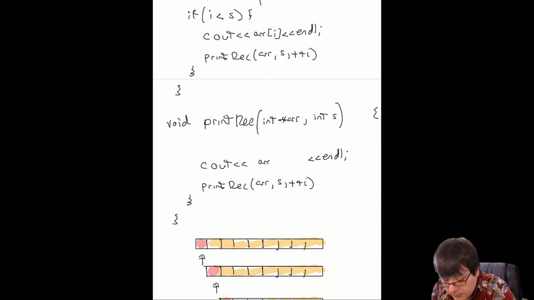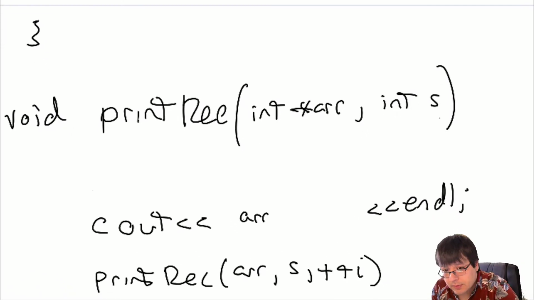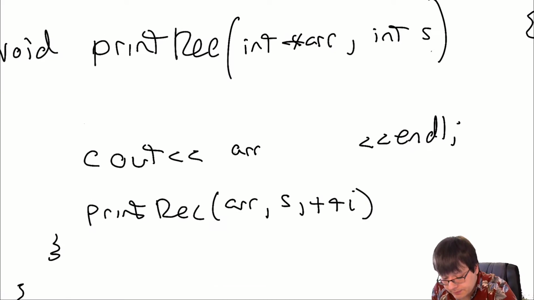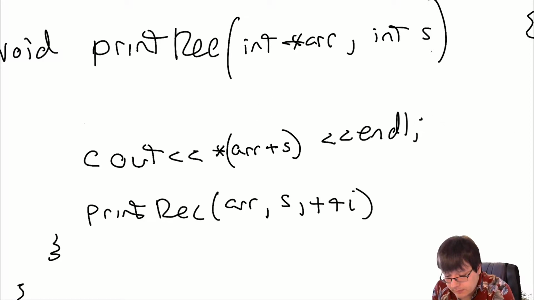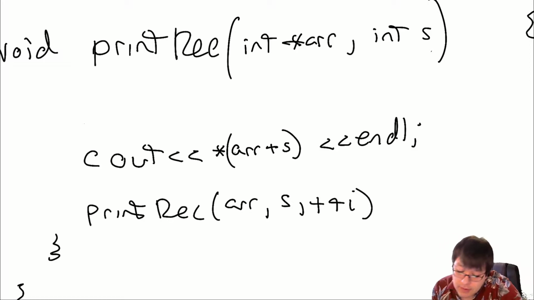So we could say something like cout AR plus the shift of the size, cout AR plus S, which could also be written as AR[S], by the way. But again, it's nice practice for pointer arithmetic.